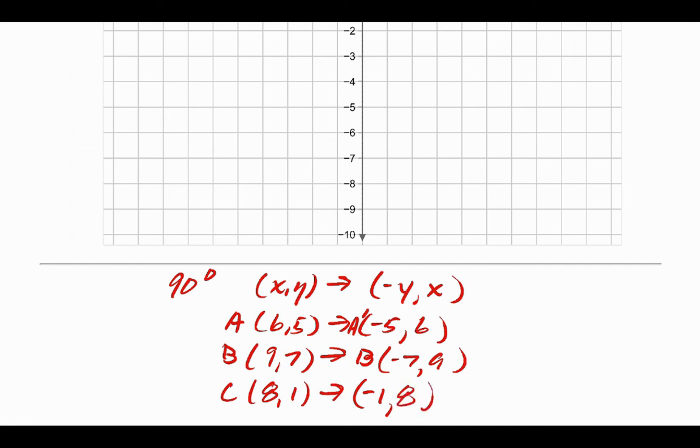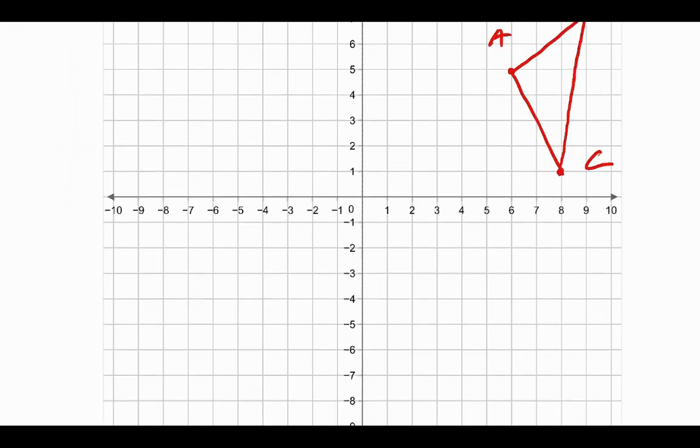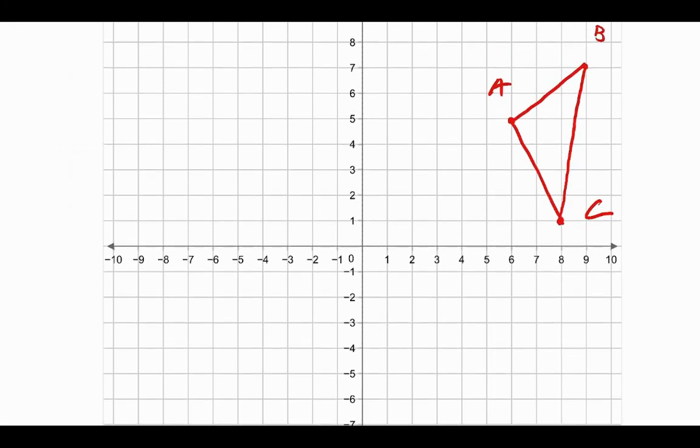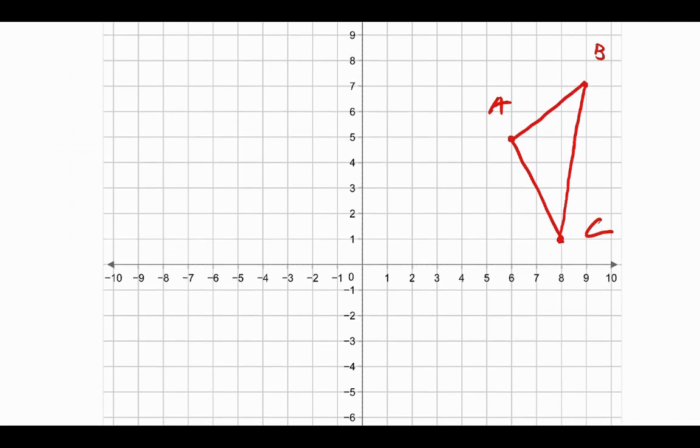So let's go back up here and plot those. I'm going to say it's negative 5 and 6, so I'm going to go over negative 5 and up 6. And I'm going to go over -7 and up 9.